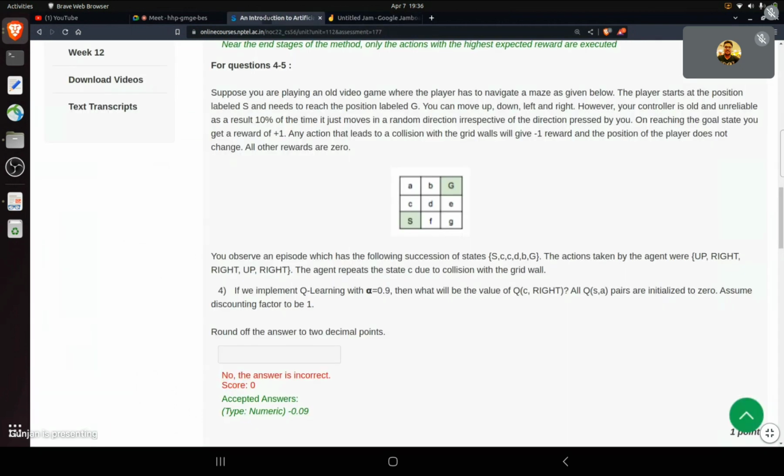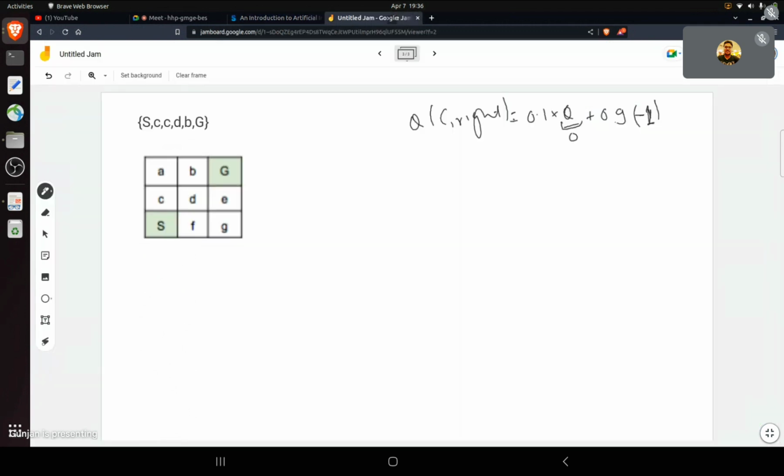So the updated value of Q(C, right) is minus 0.9.